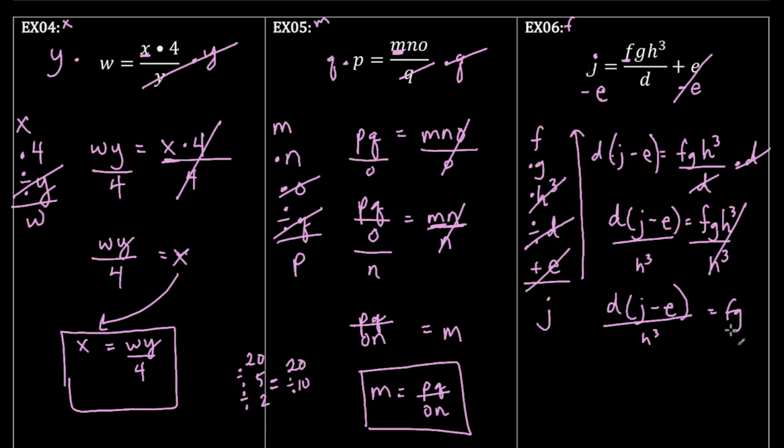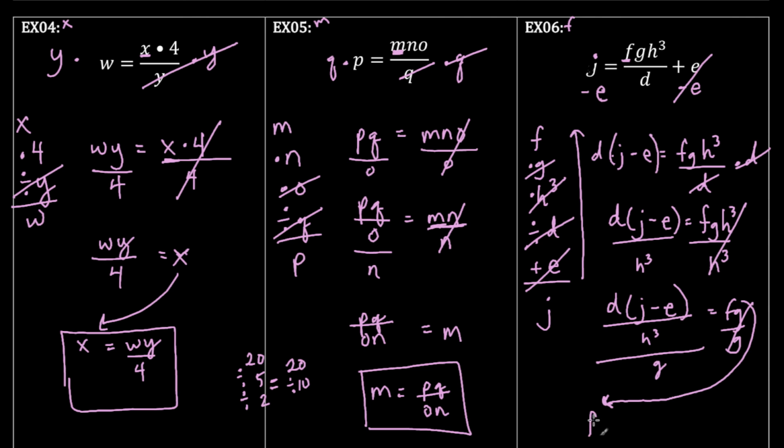equals F G. So instead of times G, I'm going to divide by G. Remember, we're not going to write it like that. We're going to leave it like that because that looks terrible. So I'm going to bring this F to this side since we're running out a little bit of space.